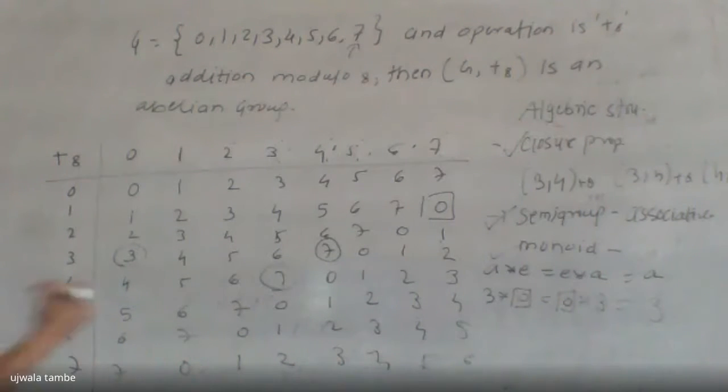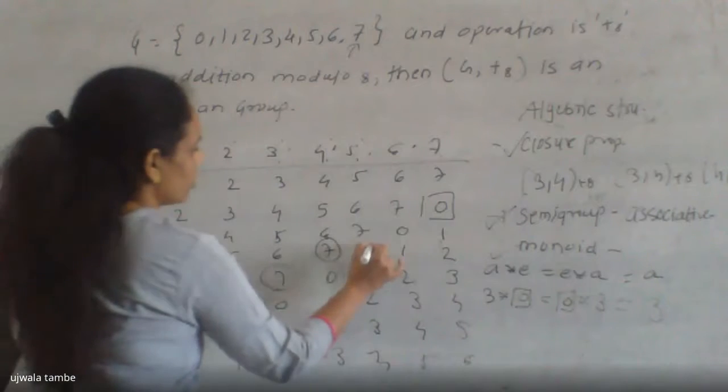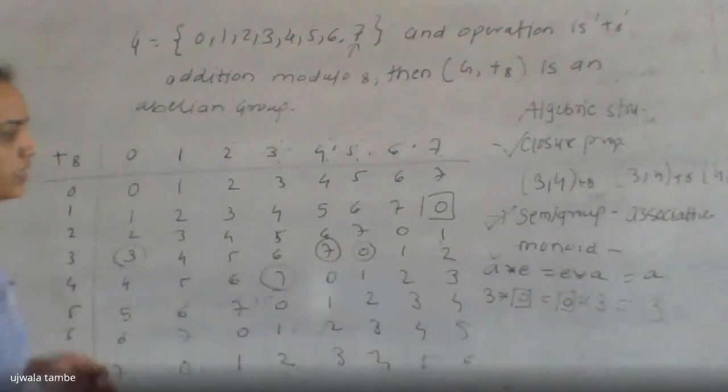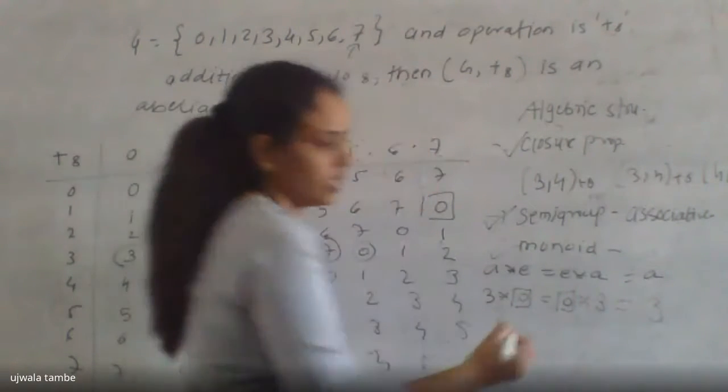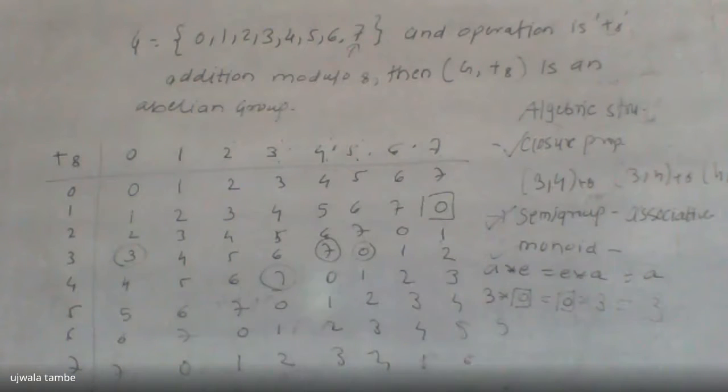I think 5. 3 operation 5 gives us 0. That's why 5 is the inverse of 3. So it satisfies the inverse as well. And definitely it satisfies the commutative property. So the given algebraic structure is an abelian group.